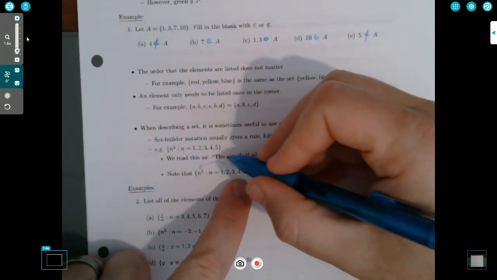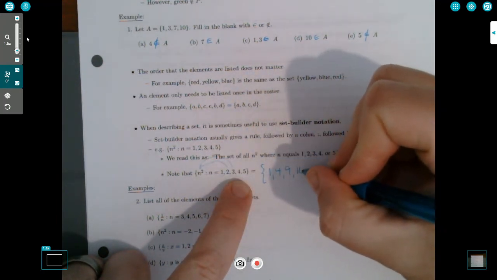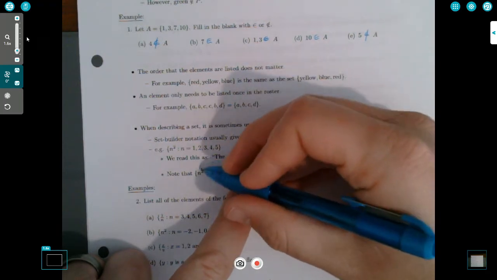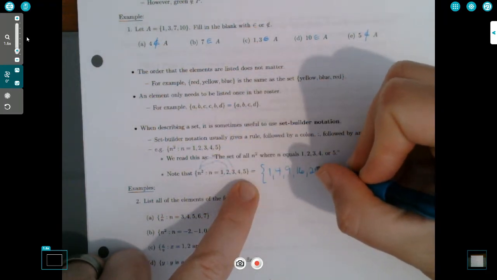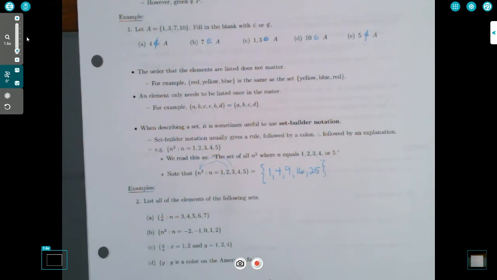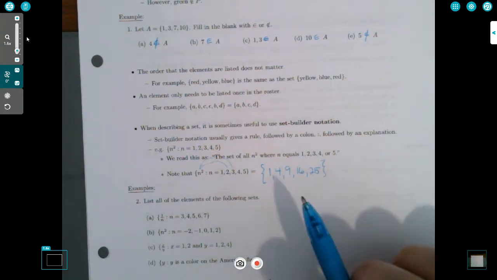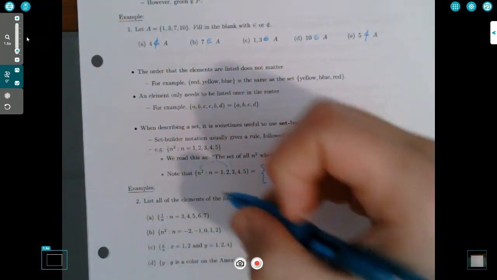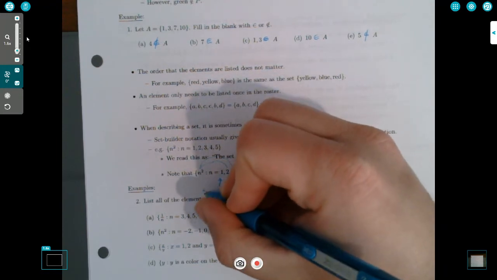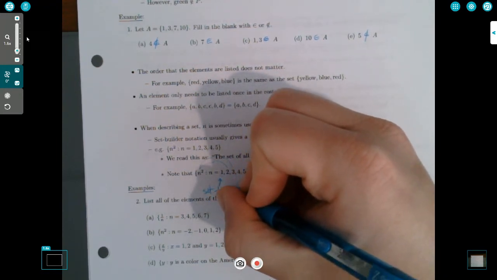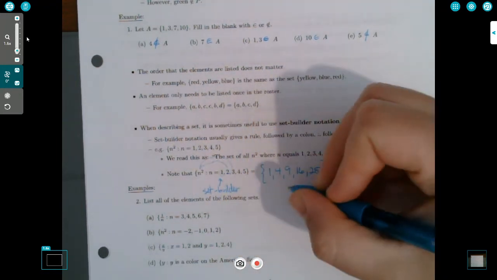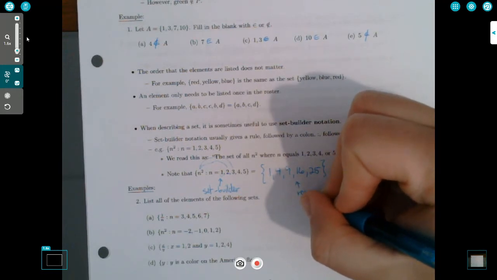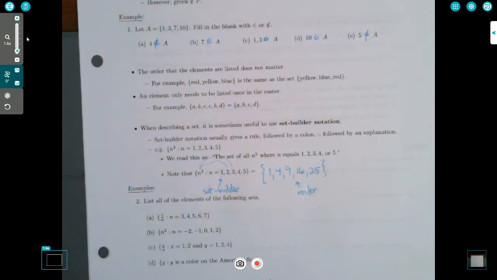If I plug in 4, 4 squared is 16. And if I plug in 5, 5 squared is 25, right? So that would be the roster notation for that set. So this is the roster notation. This is the set builder notation. So this is the set builder, and this is the roster notation. Okay?